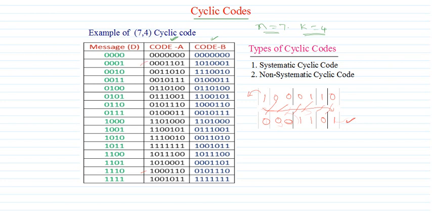Yes, it exists here. So that confirms that the given block code A is a cyclic code.